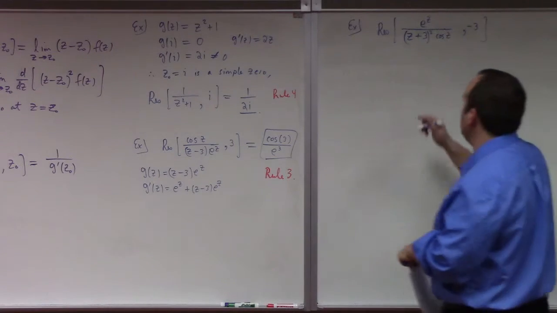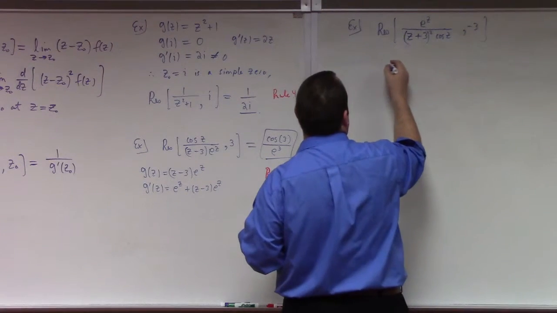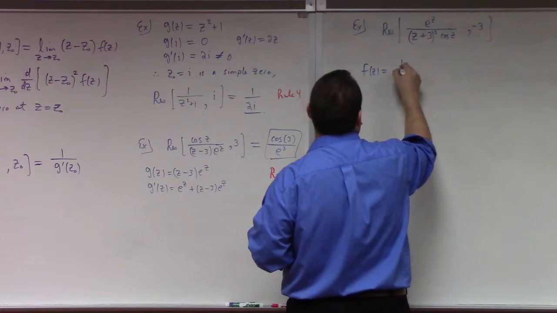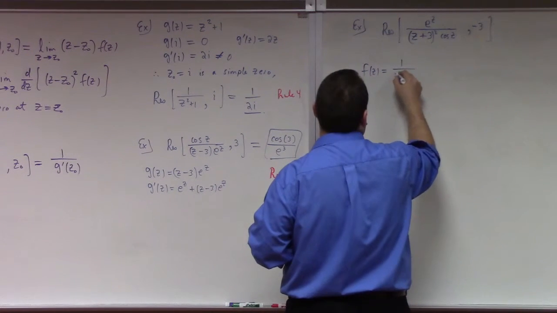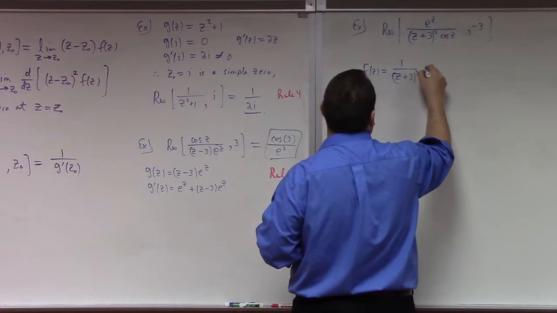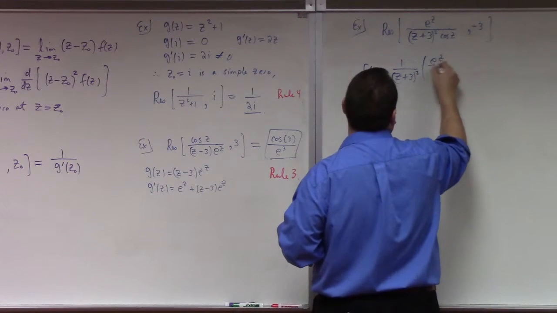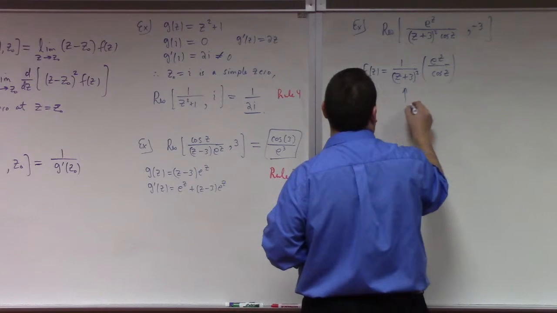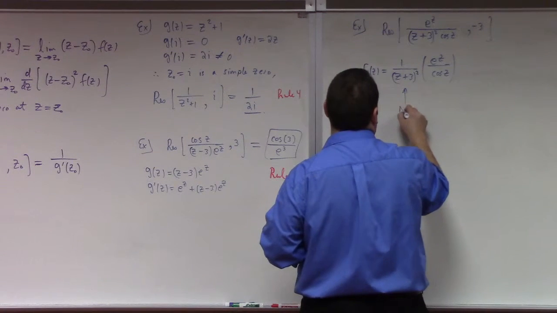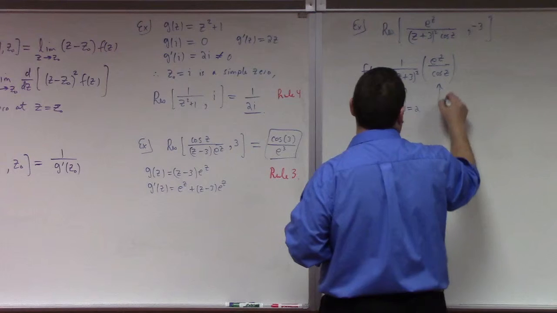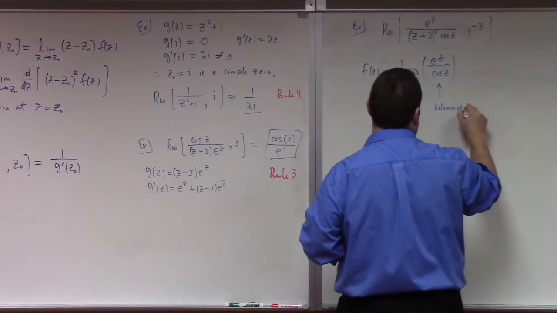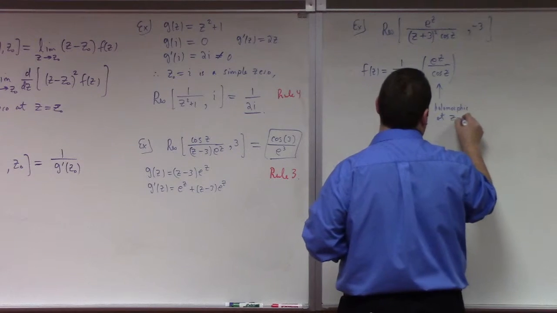It's easy to see that this has a pole of order 2 at minus 3, because if you look at f of z equal to 1 over (z plus 3) squared times e to the z over cosine z, you have n equals 2, and this is holomorphic at z equals minus 3, right?